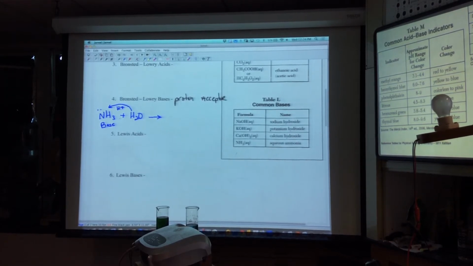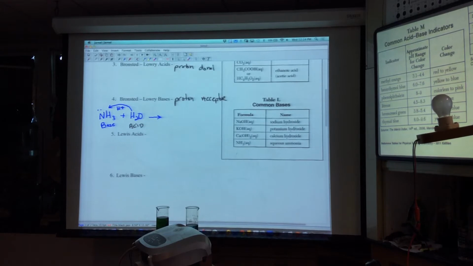Okay, now what happens? Well, if that's true, what is water acting like? If ammonia is the base, what's water doing by donating the proton? Acting as an acid. Bronsted-Lowry acids are proton donors, which is pretty intuitive.